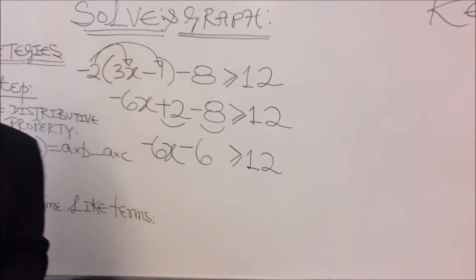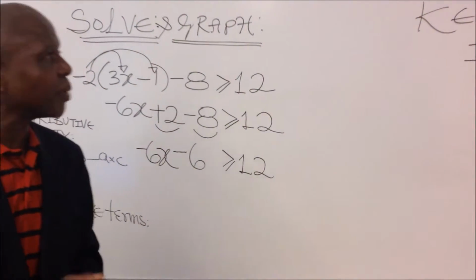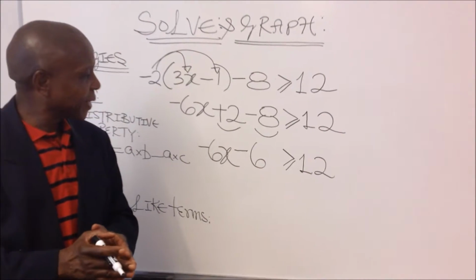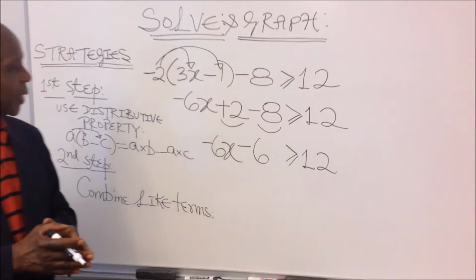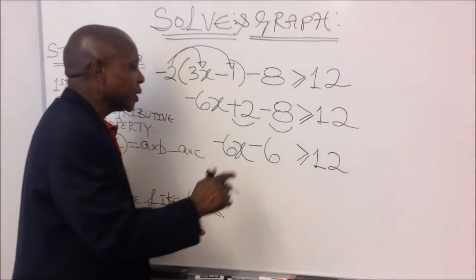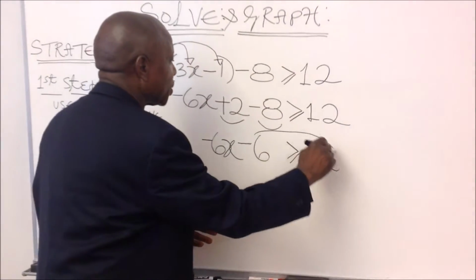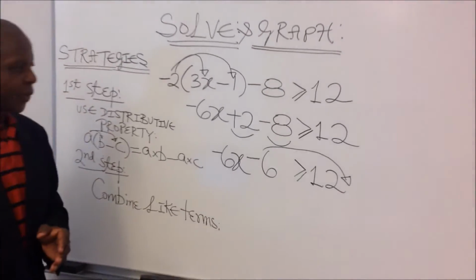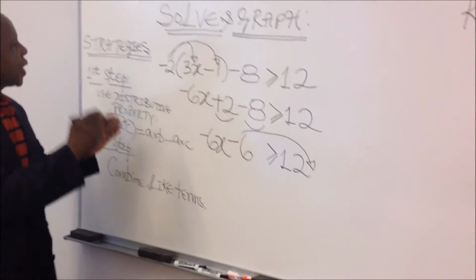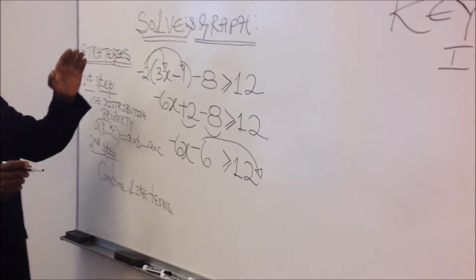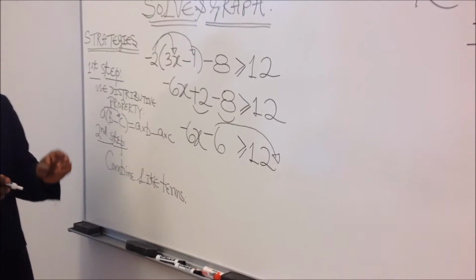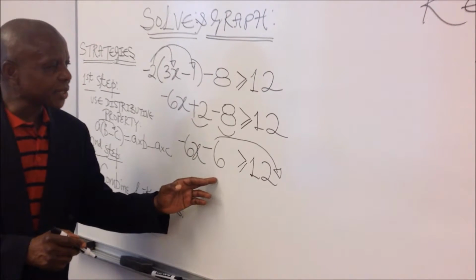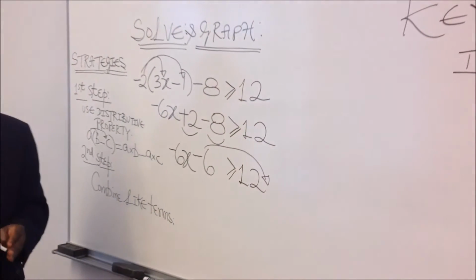So what will be our next step in this strategic problem solving process? Our next step, of course, is going to be to move the negative 6 to the right side of the algebraic inequality. Notice the goal is to solve for x. We are solving for x, so we are going to move the negative 6 to the right side of the inequality.